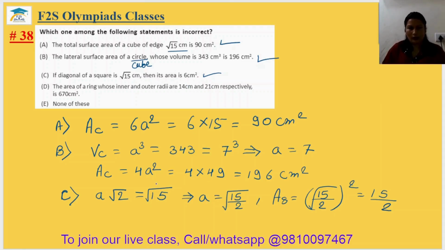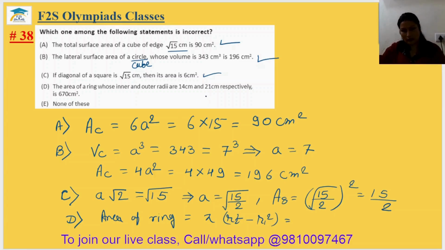Now you can check option D also. The area of the ring whose inner and outer radii are given. In option D, the area of the ring formula is pi times r2 square minus r1 square. Here r2 is the outer radius and r1 is the inner radius. So it is 22/7 times 21 square minus 14 square.